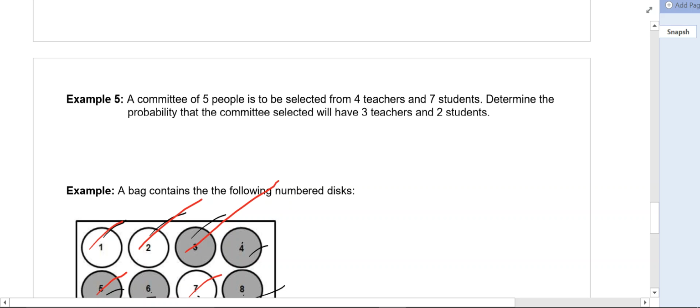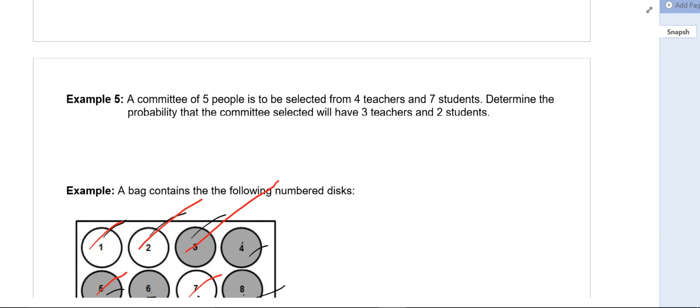A committee of 5 people is to be selected from 4 teachers and 7 students. What's the probability the committee selected will have 3 teachers and 2 students on it? All right. Basically, this is what's going to happen here. The first thing you need to know: what is the number of ways of forming a committee of just 5 people?